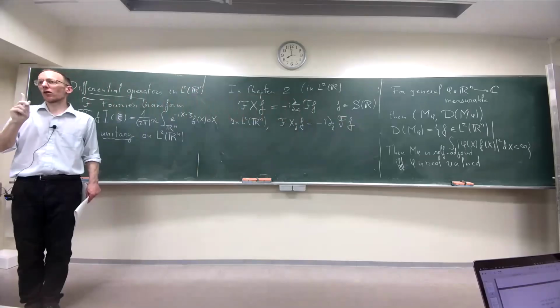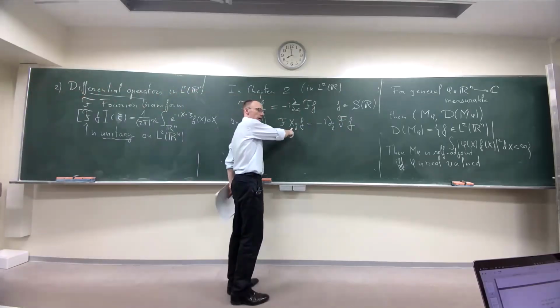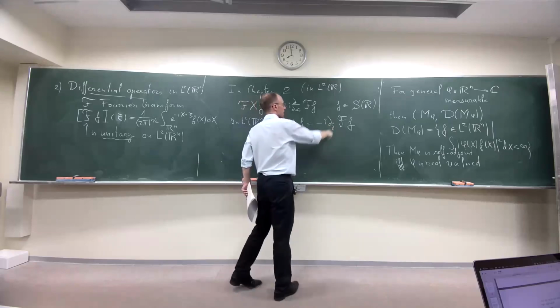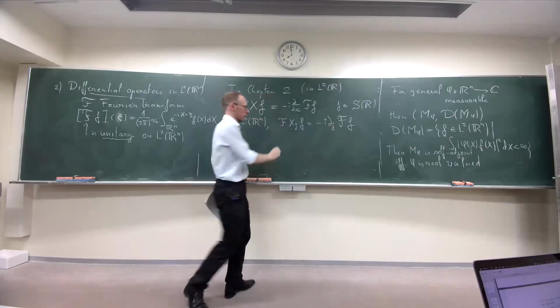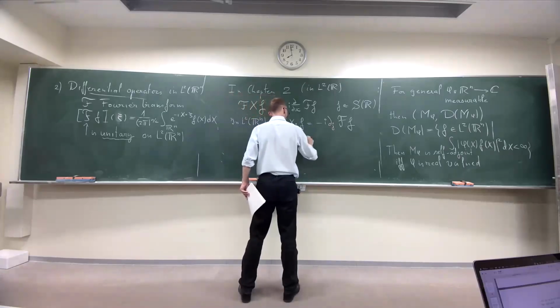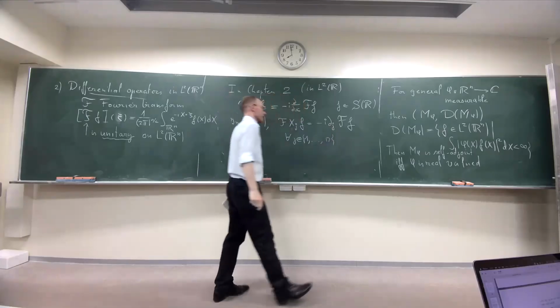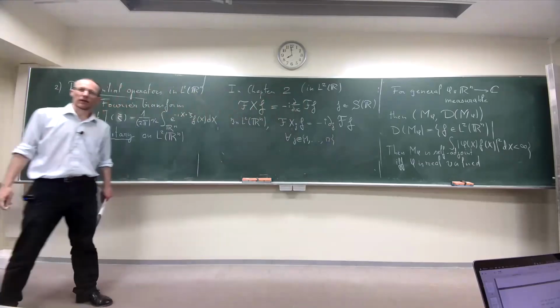I look at the coordinate j. So this is multiplication by the coordinate xj, and you take the derivative with respect to the variable j. This is true for j from 1 up to n. So we have this. All right.